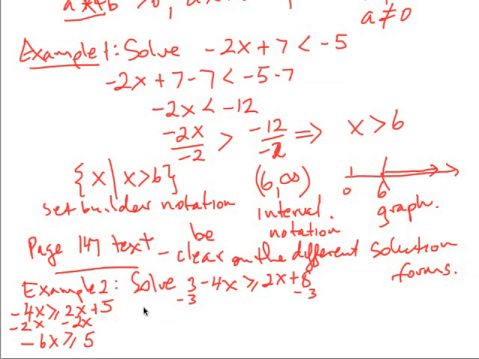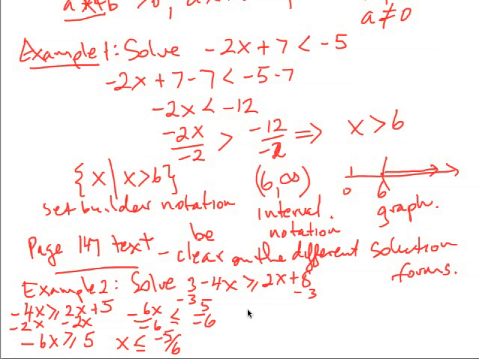Notice we're going to have to divide through by negative 6. So negative 6x divided by negative 6. Now we flip the inequality because we're dividing by a negative. We'll have 5 over negative 6 here. So in other words, x is going to be less than or equal to negative 5/6.